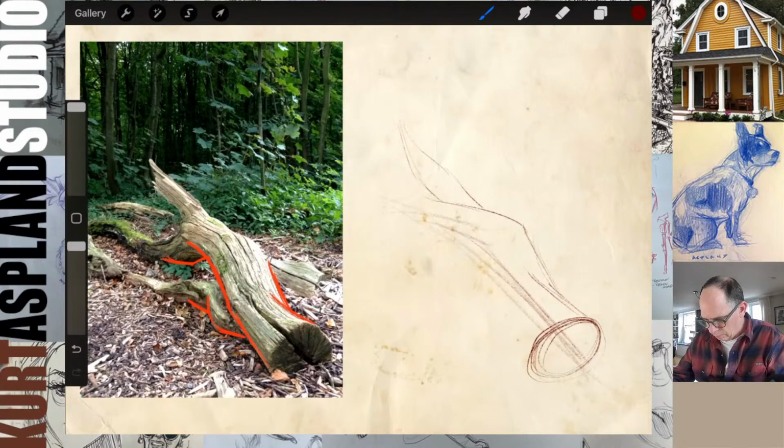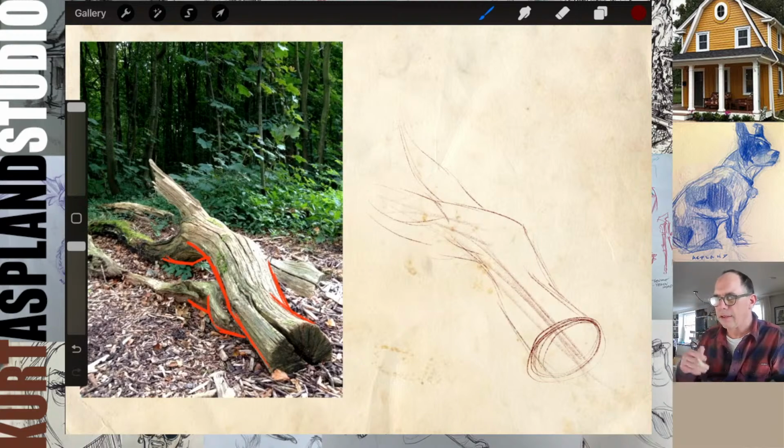I'm just putting in some containment lines so I get a sense of how far I want to make sure that my texture of bark is going to come.